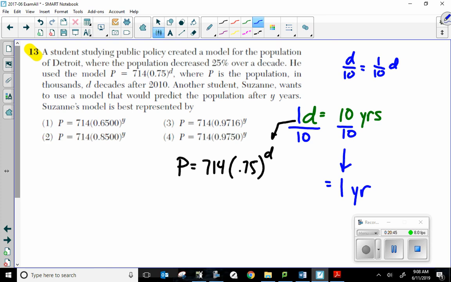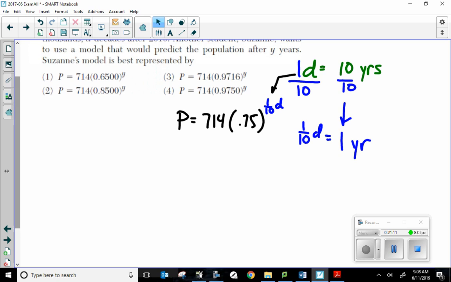Okay? So really, in order to make this exponent into 1 year instead of 10 years, there you go. Now that's in 1 year. My 25% is over 10 years, with that exponent changed to 1/10 d. Now it's 1 year times the exponent.